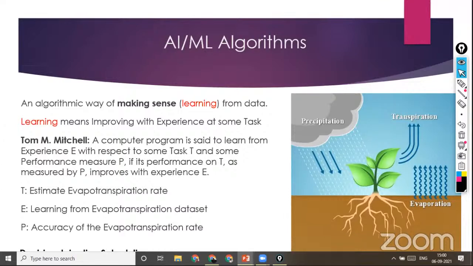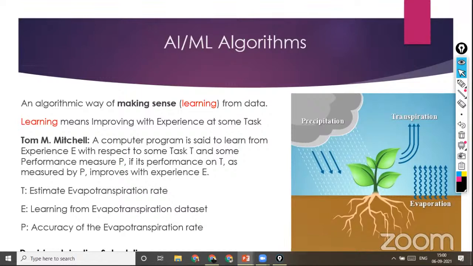In machine learning, it's all about data. Data can be images, numerical data, or any kind of data. So machine learning algorithms are a way to learn from the data. Okay. Why are we saying it is learning? Learning means you are improving with experience. So we'll take an example now.